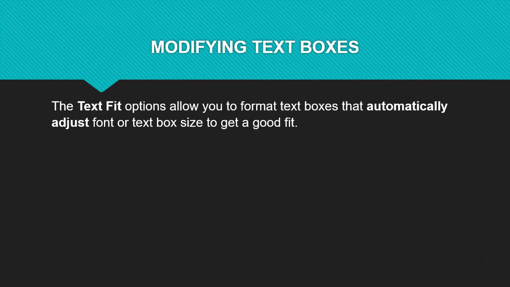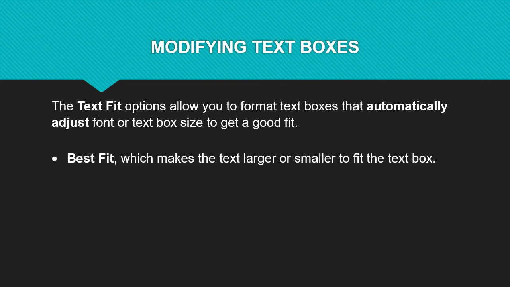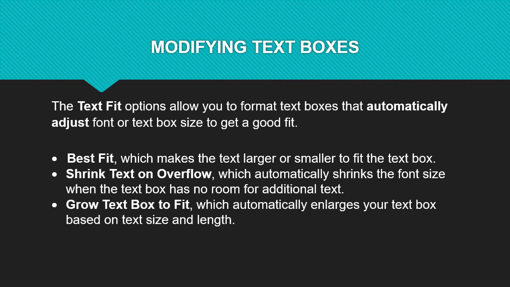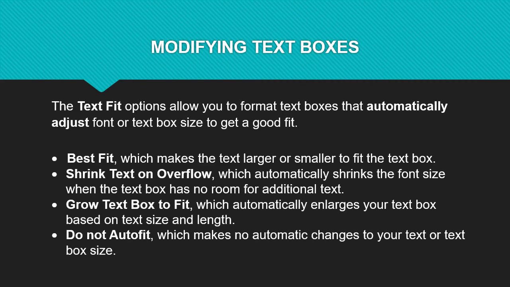Modifying text boxes. The text fit options allow you to format text boxes that automatically adjust font or text box size to get a good fit. So we have different options here. We have the best fit, the shrink text on overflow, the grow text box to fit, and then do not autofit. Best fit makes the text larger or smaller to fit the text box.